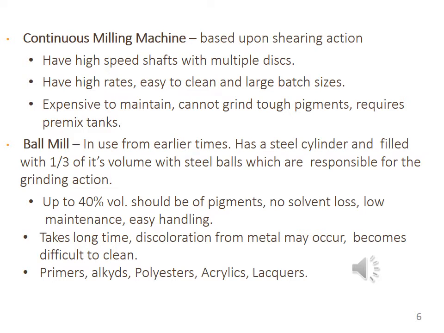Continuous milling machines. What are continuous milling machines and what is their role? The continuous milling machines are based upon shearing action, have a high speed shaft with multiple discs, have high rates, are easy to clean and have large batch sizes. Basically, these machines consist of a shaft, and this shaft consists of multiple discs.